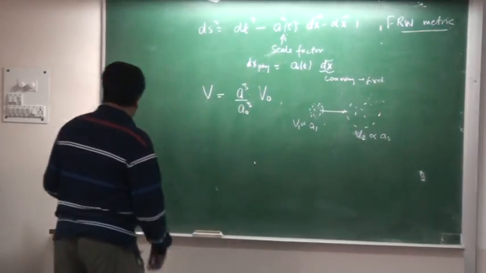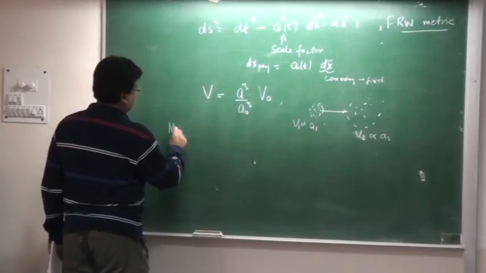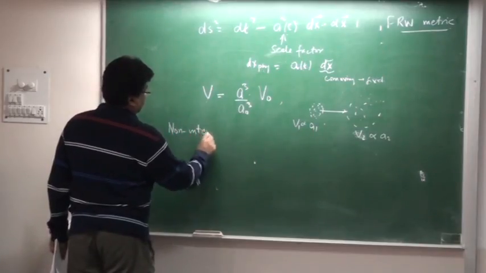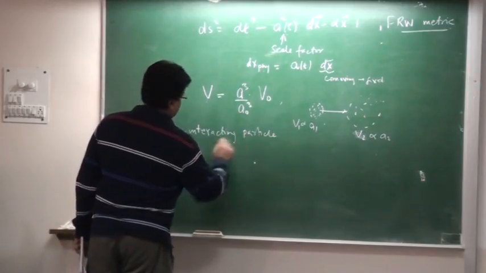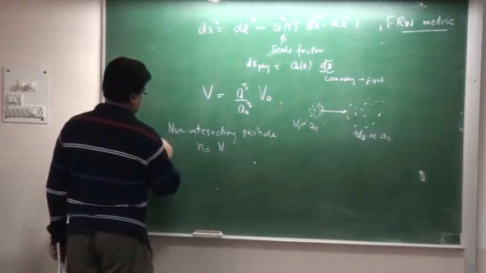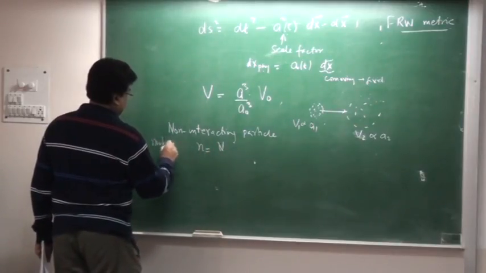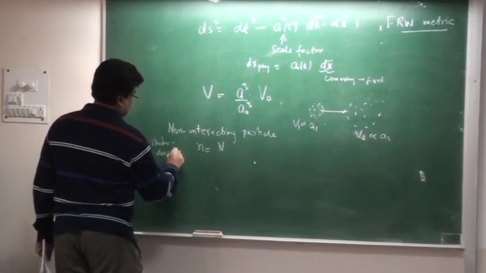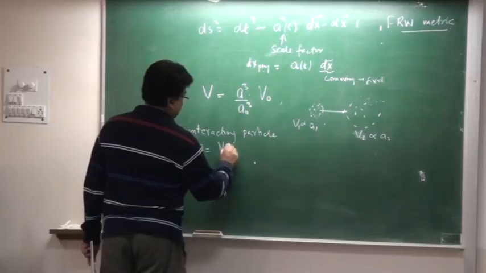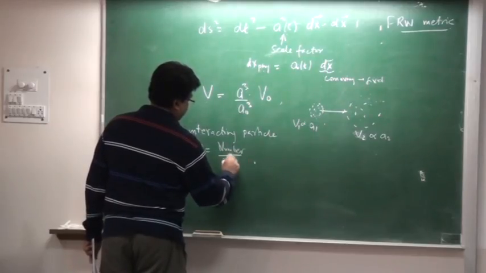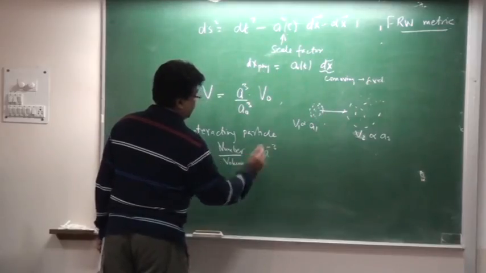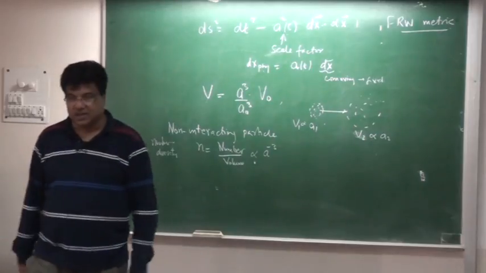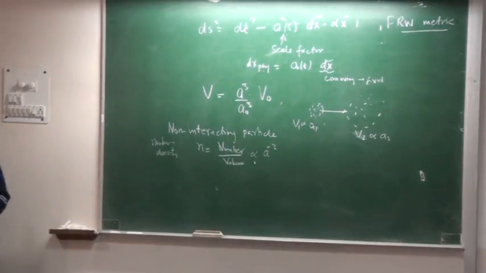Now suppose you have non-interacting particles. The number density n, which is number per volume, will go down as a to the power minus 3. The number is conserved, they are not interacting, and the volume is going as a cube.